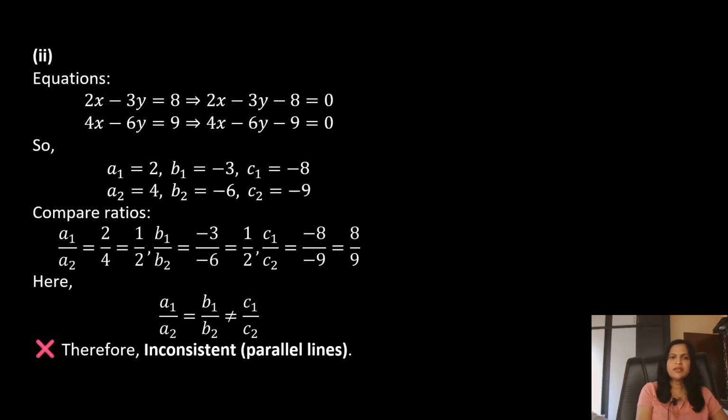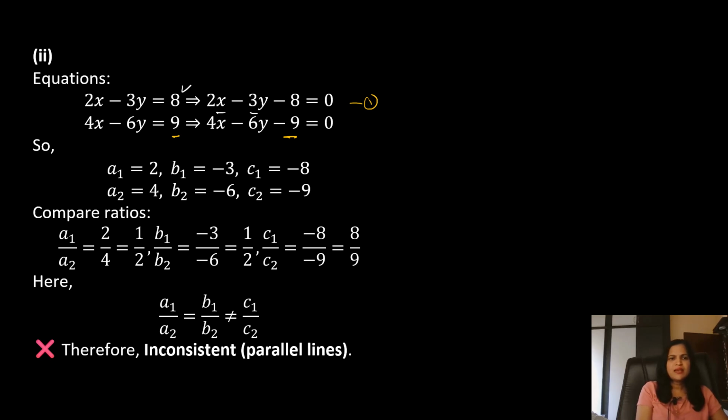Second one, similarly we convert this equation into 2x minus 3y, and 8 comes from this side, it becomes negative, minus 8 equal to 0. This is the first equation. Then 4x minus 6y equal to 9. The 9 moves to the opposite side of the equal to sign, it becomes negative, so 4x minus 6y minus 9 equal to 0.